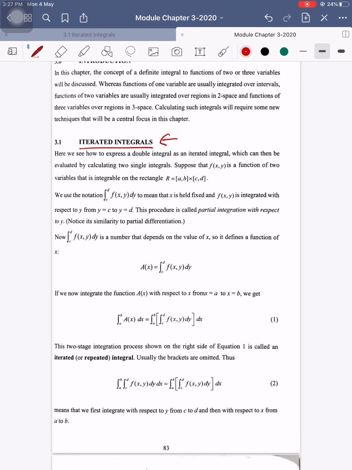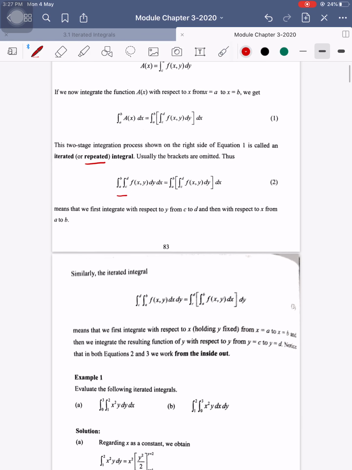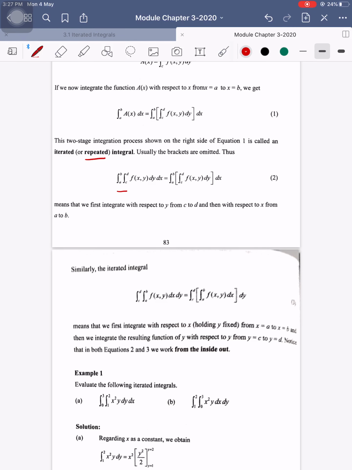What are iterated integrals? Iterated integrals, we can also say repeated integrals, or in other words, we can have a double integral or triple integral and so on. To solve iterated integrals, you should know how to start.